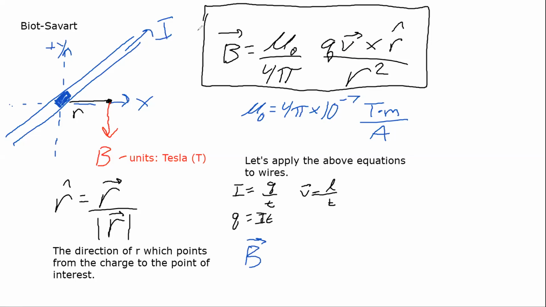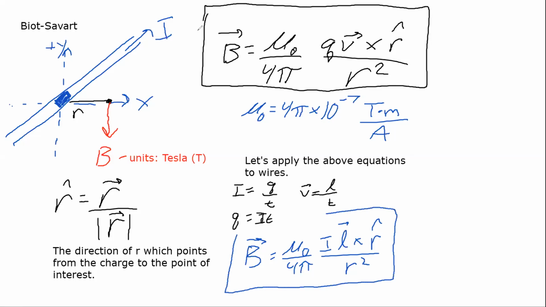B equals mu 0 over 4 pi. We still have that 4 pi there. I L cross product R hat over R squared. So that equation in the blue here tells us the magnetic field for a wire.